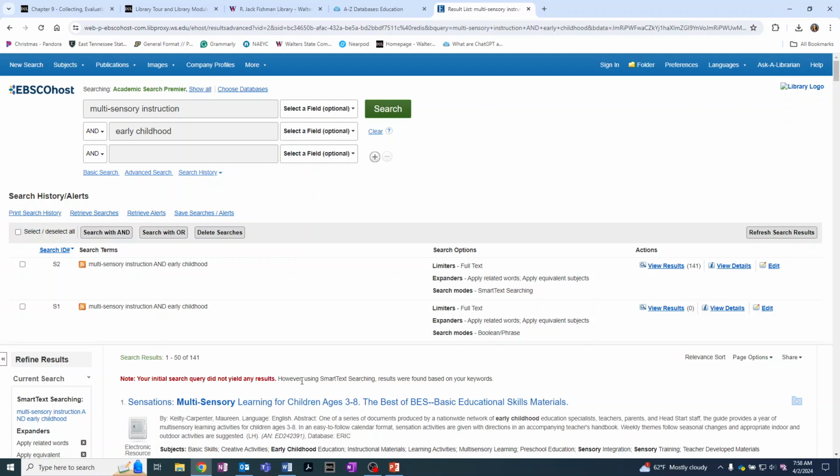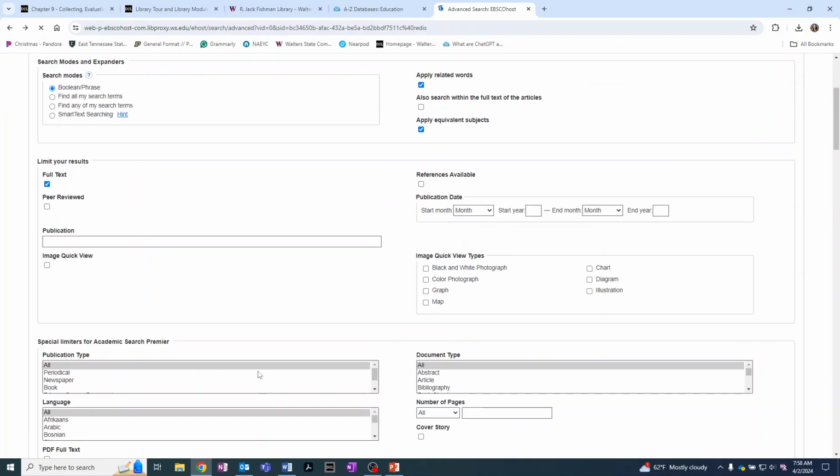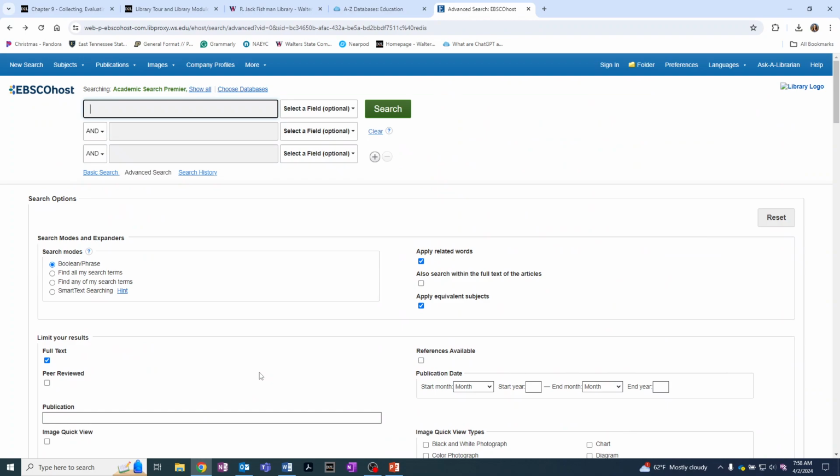Another thing to do is there is a place on here where you can search peer review articles. Peer reviewed means that people who have credibility in that specific topic can talk about it because it's something they know a lot about.